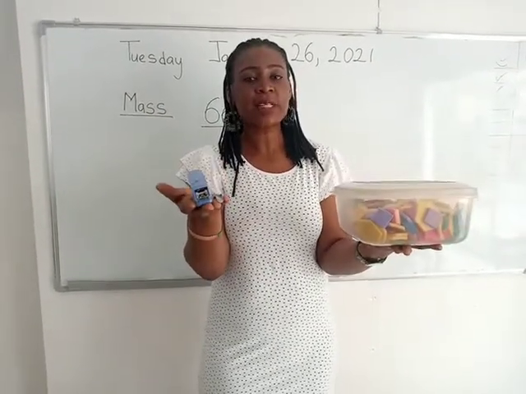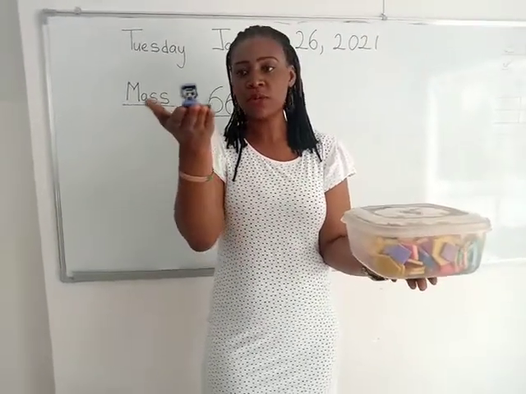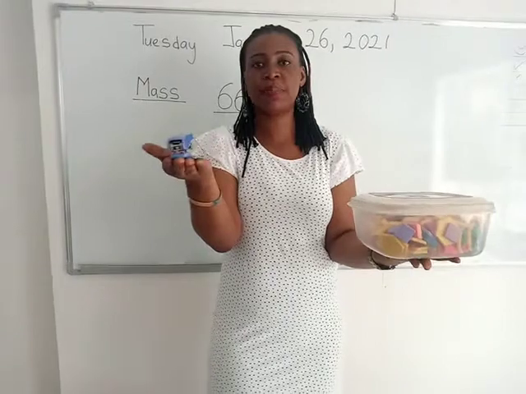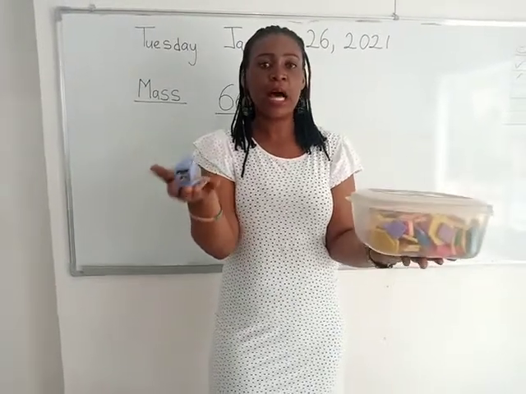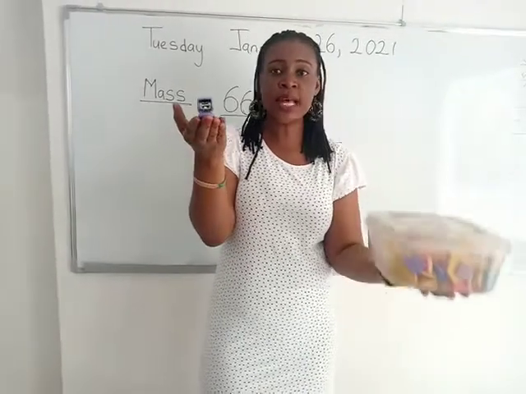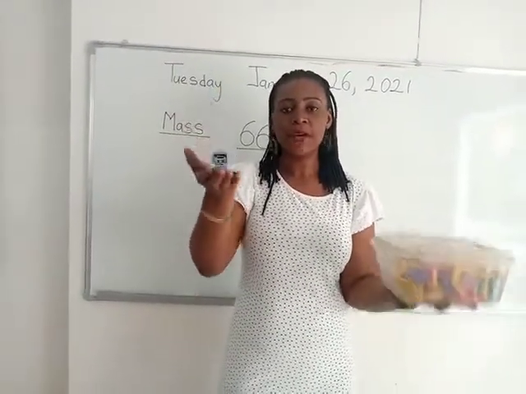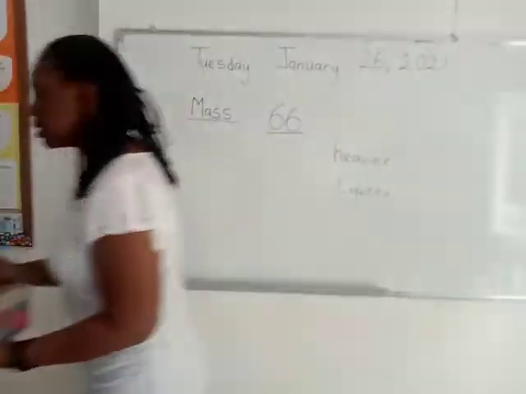The heavier part always goes down, while the lighter part goes up or just stays in the same place, because the heavier object pulls down one side, making the lighter part go up. Alright, so that's it about the masses, and let's go to work.